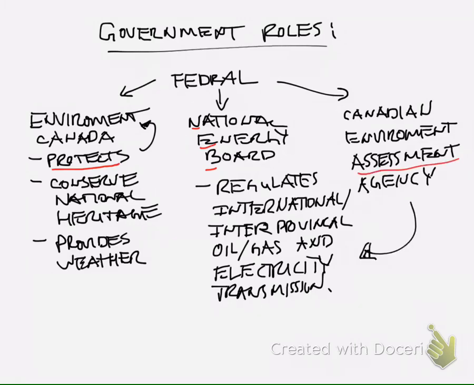The last body here is the Canadian Environment Assessment Agency, and they basically work with the NEB and perform actual assessments on companies to make sure they're doing things properly. Environment Canada is an actual department of the federal government. The National Energy Board has people from both the public and private sector sitting on that committee, and the same goes for the Canadian Environment Assessment Agency. These two on the right are independent agencies that work for the government.